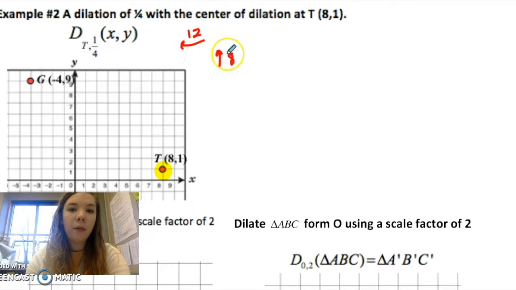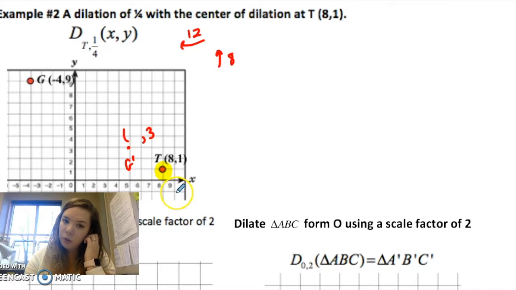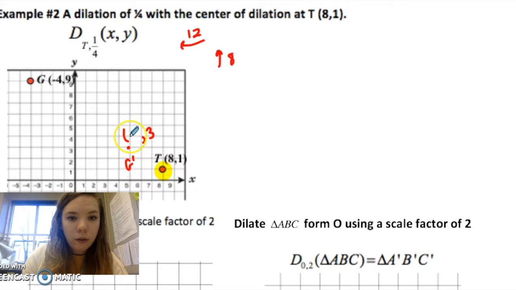Instead, if I divide that by 4, I'm only going to go up 2 and over 3. So this is my G prime, which ends up at (5, 3). We went up 2 and over 3.